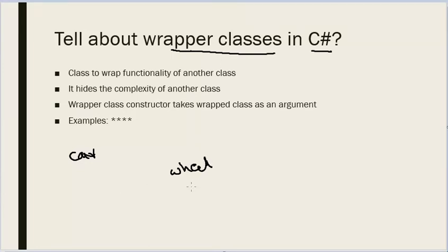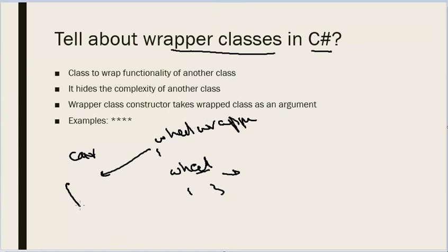So we will wrap this wheel class in some other class, a wheel wrapper, because we don't want the car to know how the wheel is created. This wheel wrapper will be used inside the car class to attach those wheels to the car, and the car class does not know how the wheel was created.